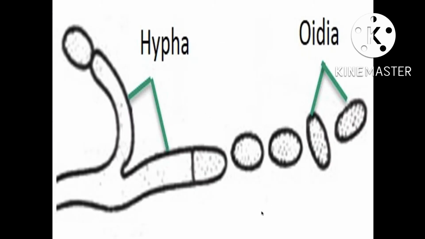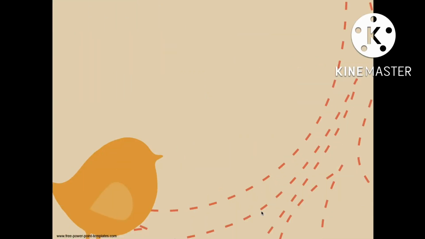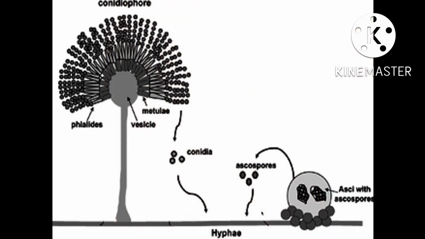Oidia stage, similar to yeast, is found in some cases. The majority of Ascomycetes reproduce asexually by the formation of conidia, singly known as conidium or conidiospores. These are non-motile mitospores produced exogenously, mostly in chains from the tips and sides of hyphae.